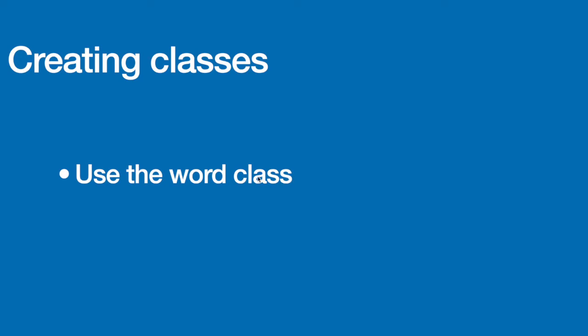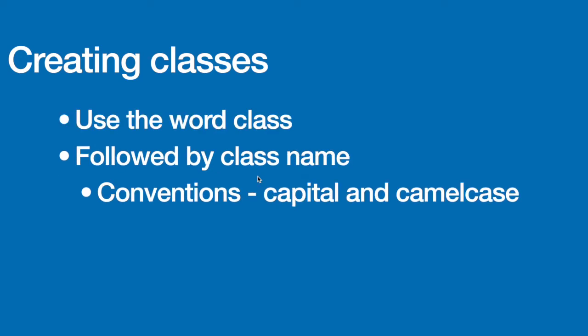Then we follow it with the class name, and the class name should be a valid identifier. There are conventions which are recommended, but they are not a must or requirement. When we create class names, it is recommended to start with a capital letter.